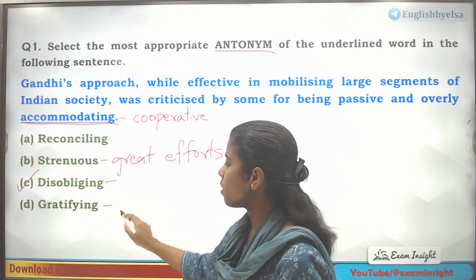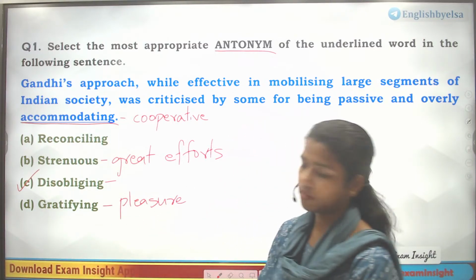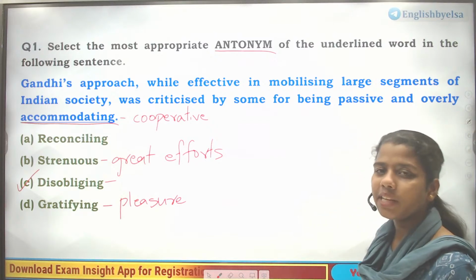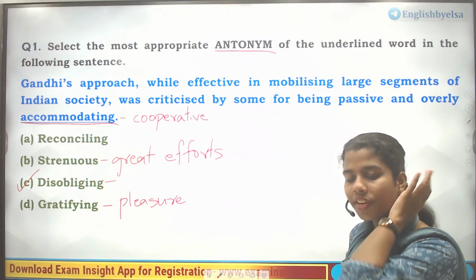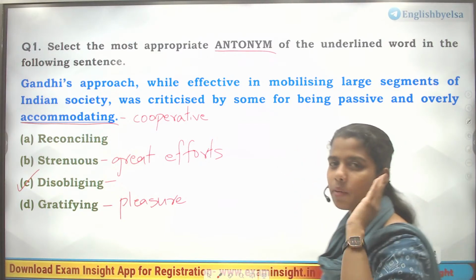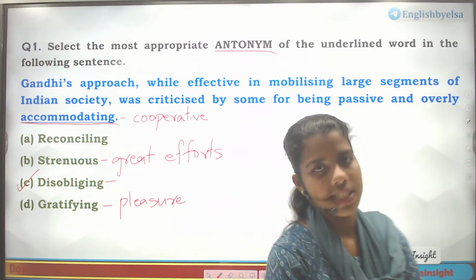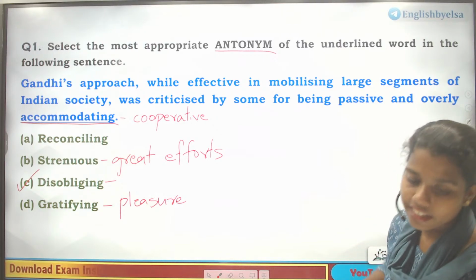Gratifying is something related to pleasure. Reconciling, the word reconcile, we have already discussed in the previous session, so I won't write that. It's your responsibility to remember. Strenuous and gratifying.